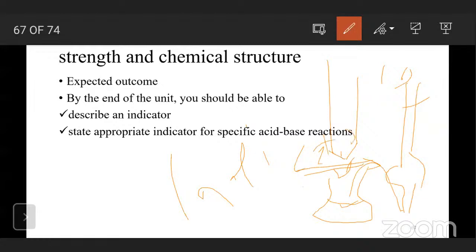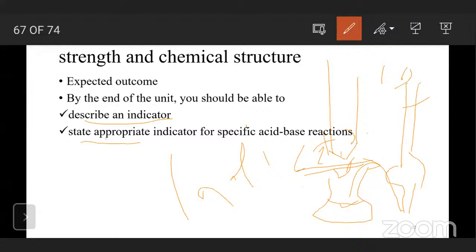At the end of today's class, at the end of this unit, you should be able to describe what an indicator is and state the appropriate indicator for a specific acid-base reaction. If you have a strong acid against a strong base, which indicator can you use?